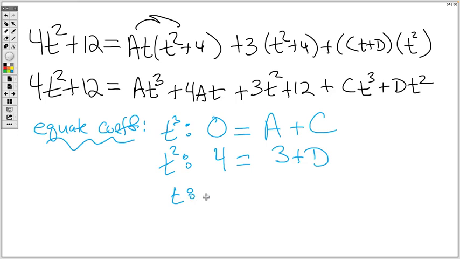Left-hand side, how many t's are there? None. Right-hand side, how many t's? 4a. And finally, let's look at constants.